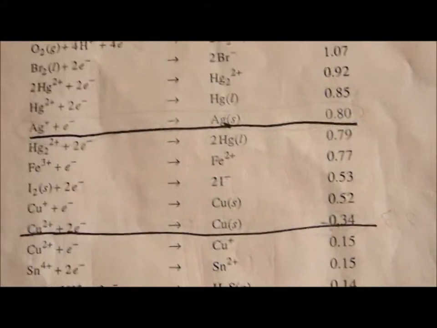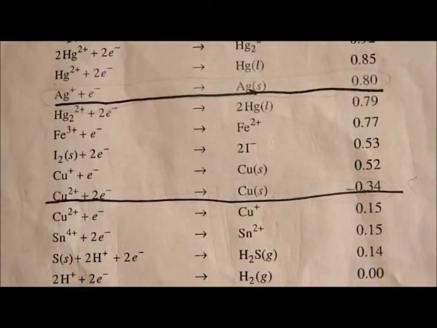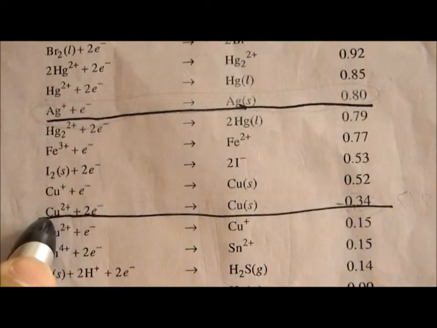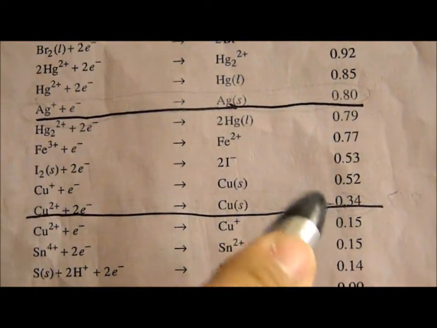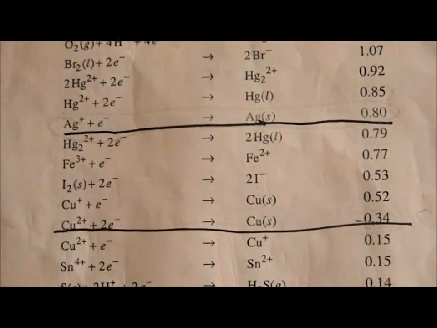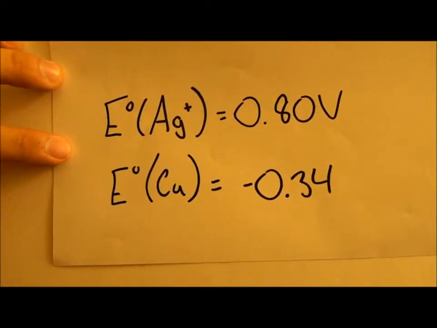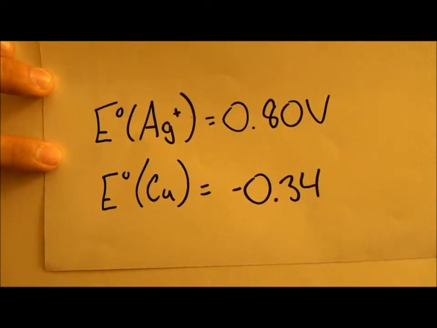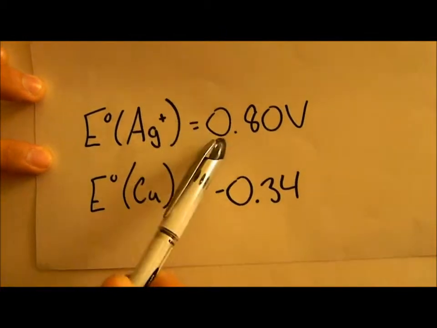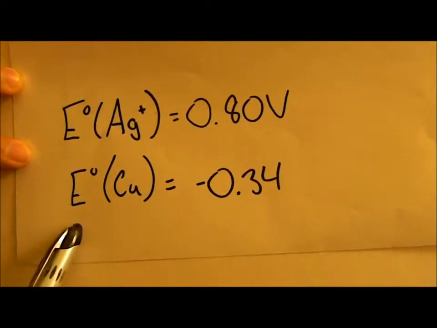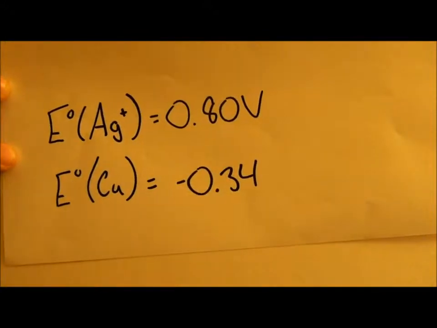So for our redox equation that includes Cu yields Cu2+, instead of positive 0.34, we would have a negative 0.34. So, using the chart, we were able to determine that the standard reduction potential of Ag+ is 0.80 volts, and the standard reduction potential of copper is negative 0.34 volts.